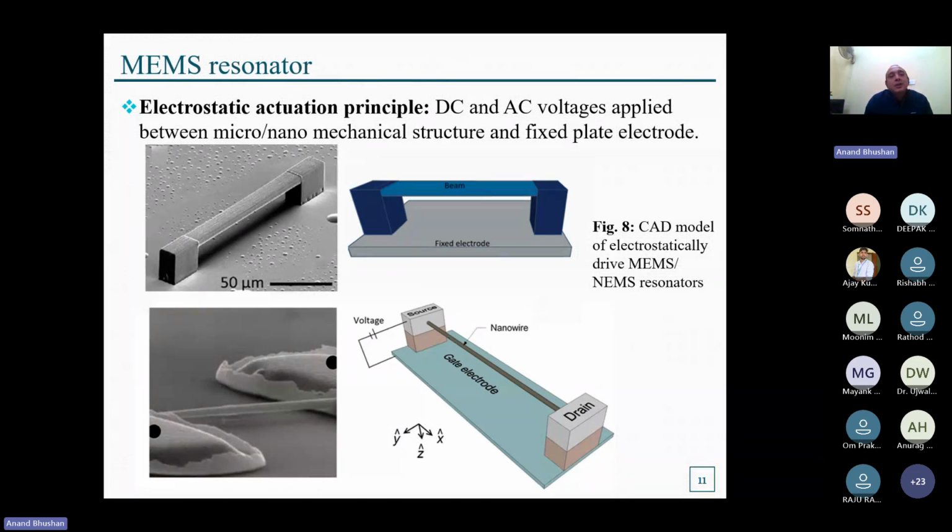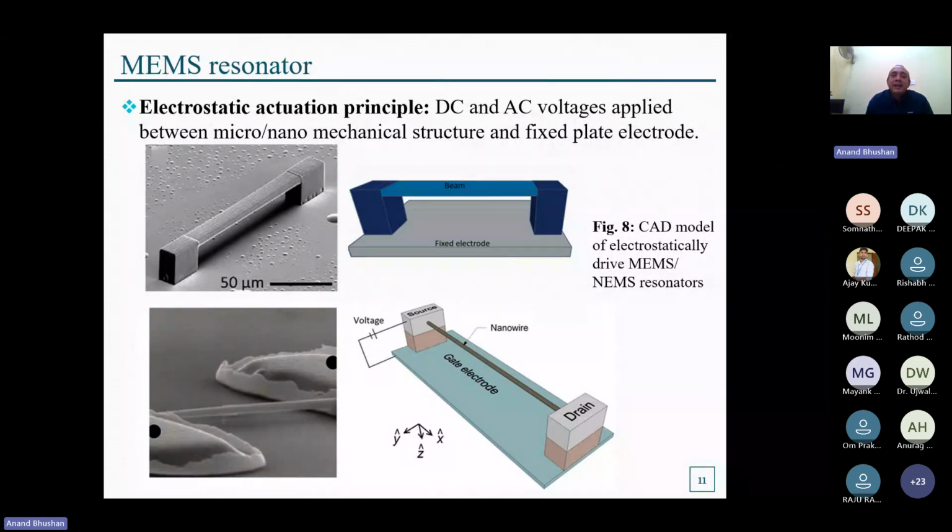This plate is known as the fixed electrode, and the beam is a deformable structure. So the fixed electrode is one electrode, and the beam acts as a deformable electrode. When we provide a bias DC or AC voltage between the beam and the fixed electrode, an attractive force is developed which makes this beam deflect.